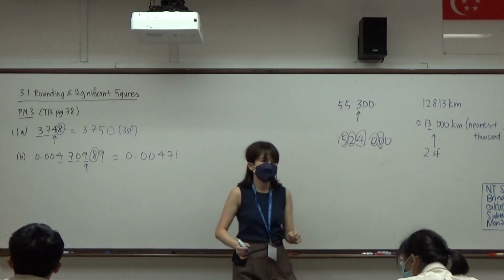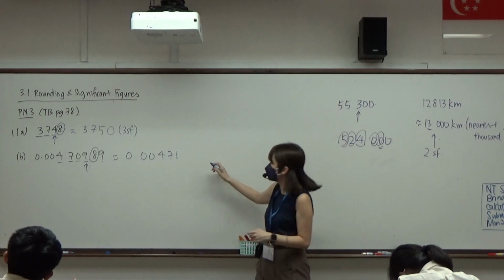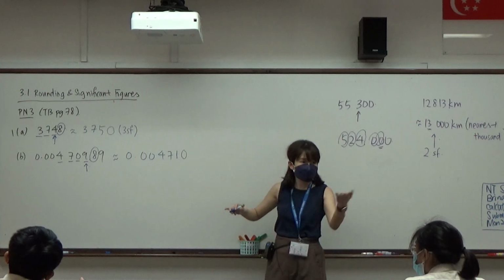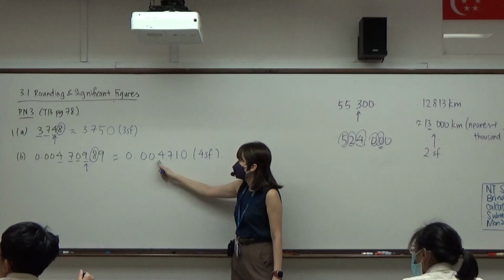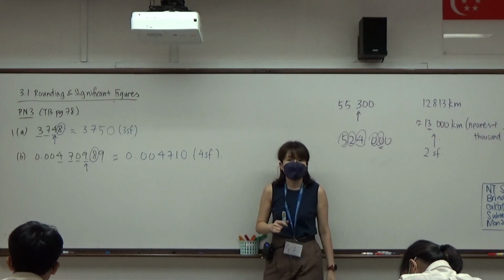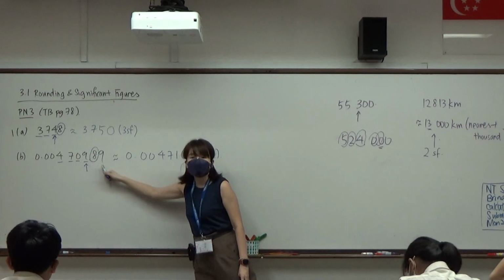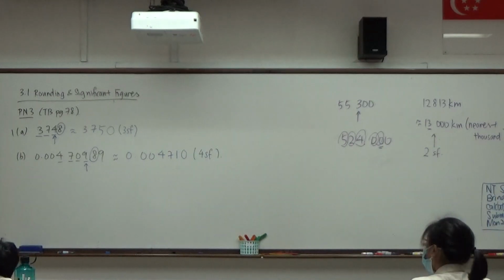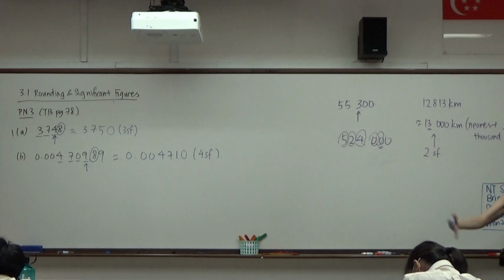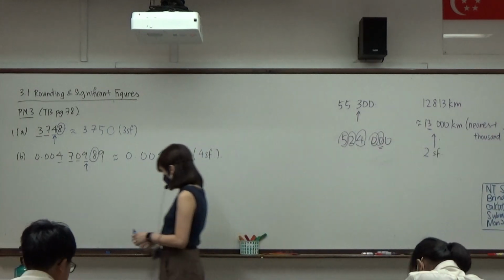You sure? One more 0. Very good. So you see we got it. So 4 significant figures, 1, 2, 3, 4. The remaining ones I don't need to put 0. So I'll end my lesson here today. Next week we will continue.